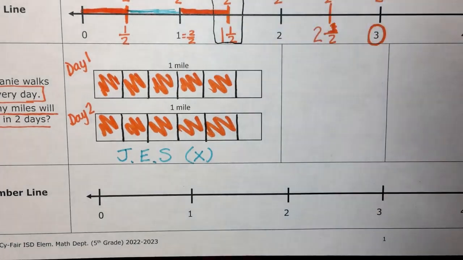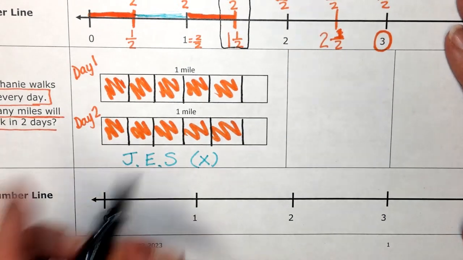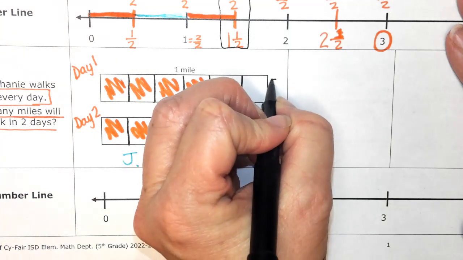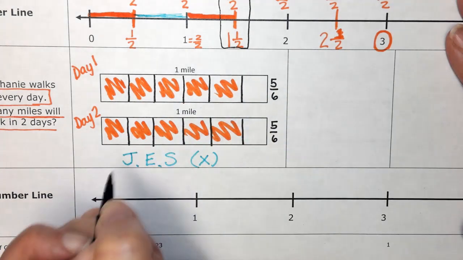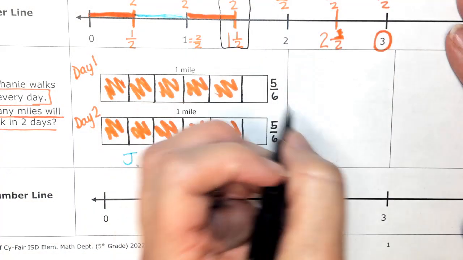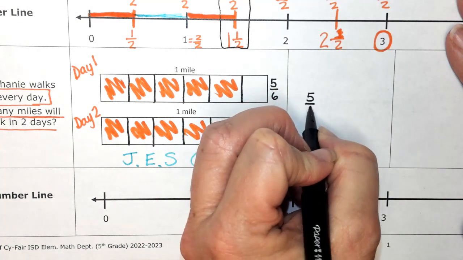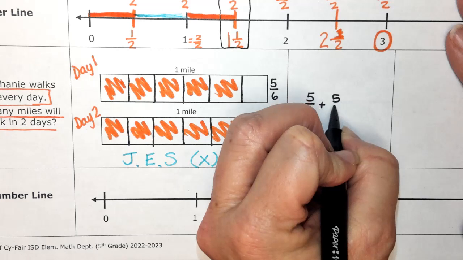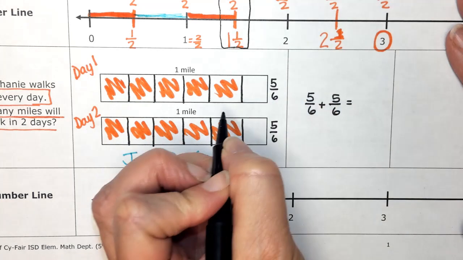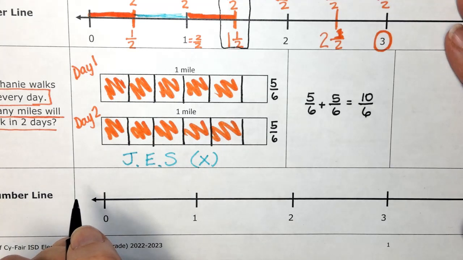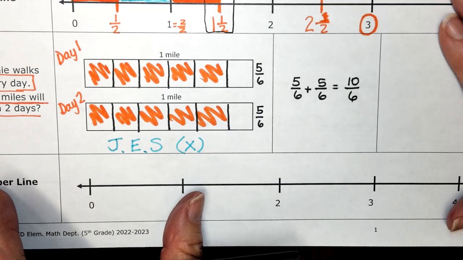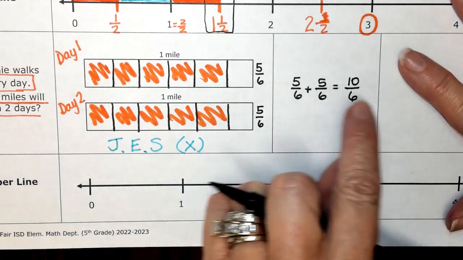So we're going to quickly write our addition equation, which is that we have 5/6 in the first model and 5/6 of the second model. So our addition equation would be 5/6 plus 5/6, which will give us 10/6. And you know that we can't leave that as an improper fraction, so we have to regroup that.